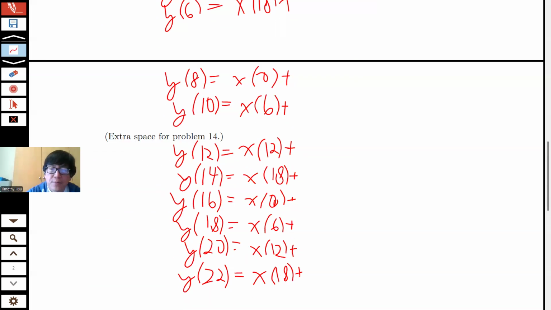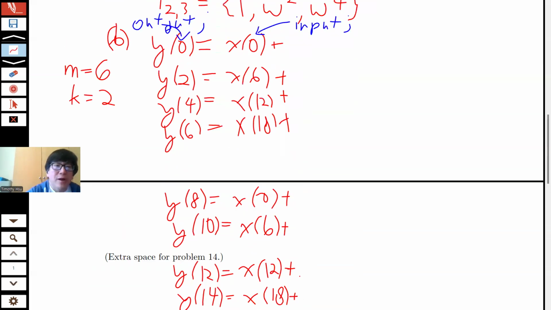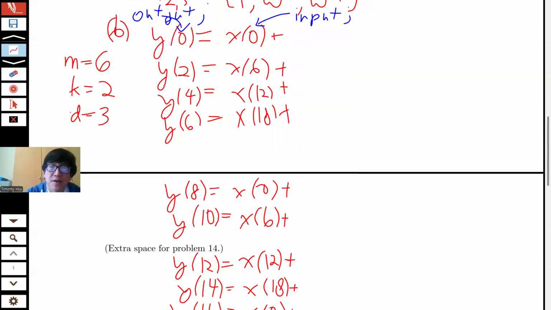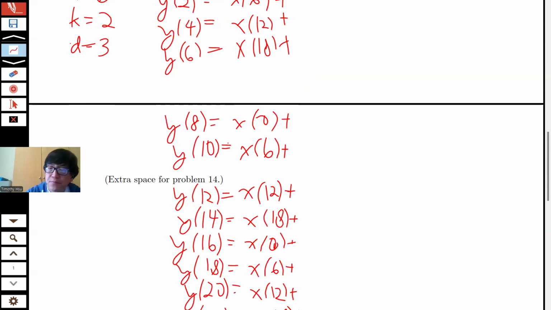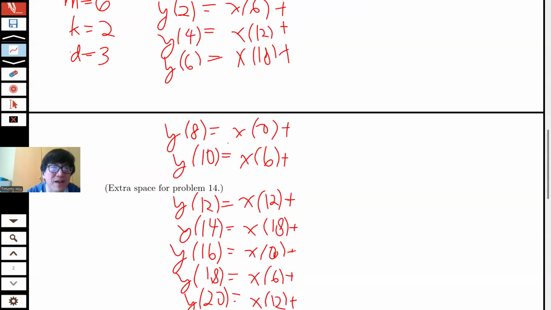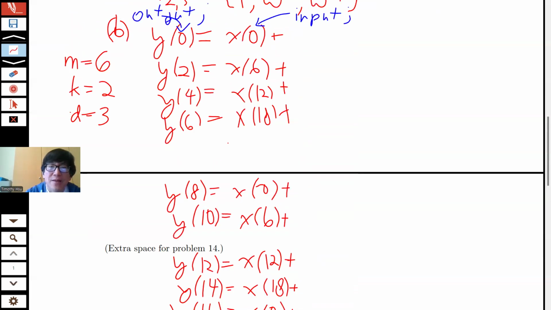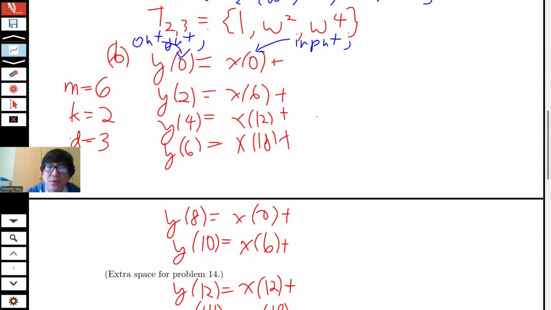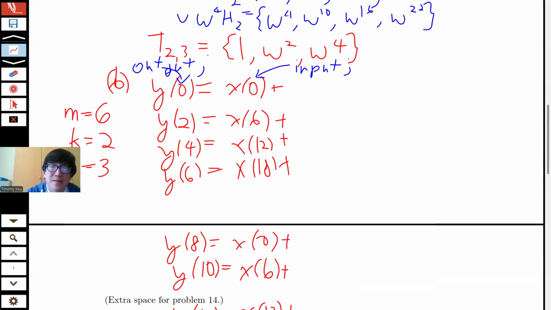Note that because D equals 3, this will cycle around exactly 3 times, because m increases three times as fast as k does. All right, that's how you get the starting points of each of those individual equations.